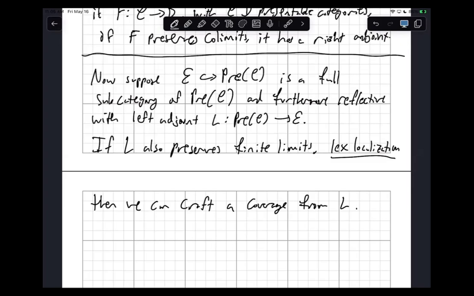You say, I have this functor L, and I want to look at the class of morphisms that are inverted by L. If L is Lex, if it preserves finite limits, the class of morphisms that are inverted will turn out to be a class of local isomorphisms. So let me just write that.